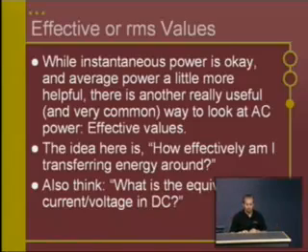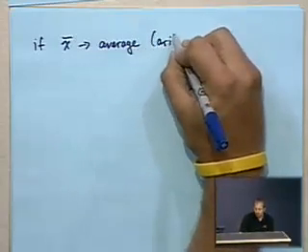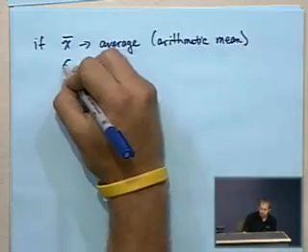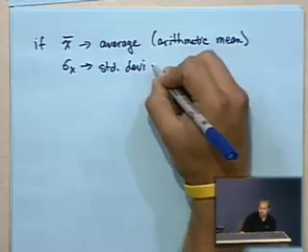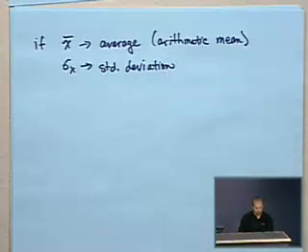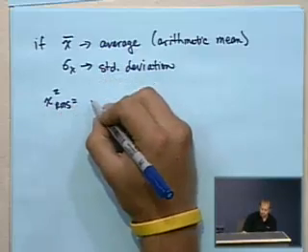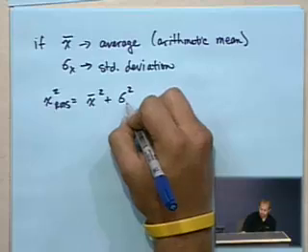At some point I looked up a little more information about root mean squared, and for the math types, if you consider x bar to be the average of a given function, specifically the arithmetic mean, and if little delta x is the standard deviation, then the RMS value squared equals the average value squared plus the standard deviation squared.